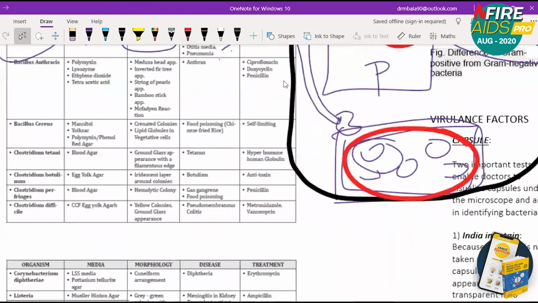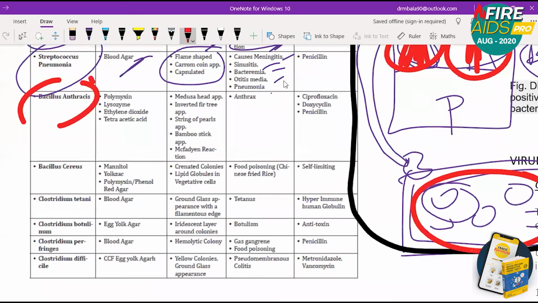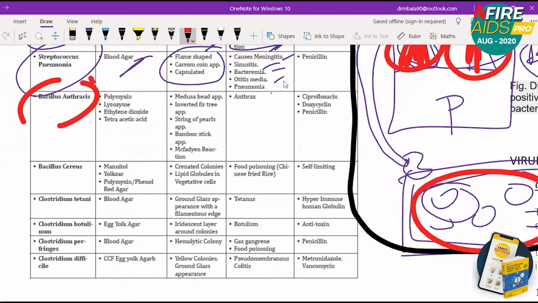Okay. Next is Bacillus anthracis. So Bacillus anthracis means you must remember the different agents: polymyxin, lysozyme, ethylene diamine tetraacetic acid.